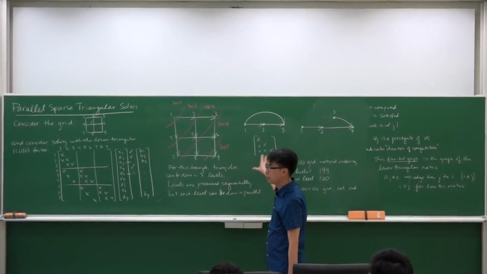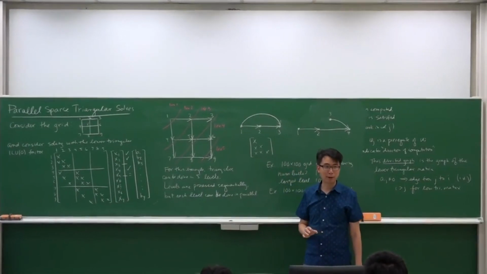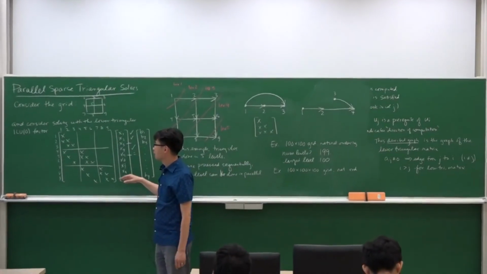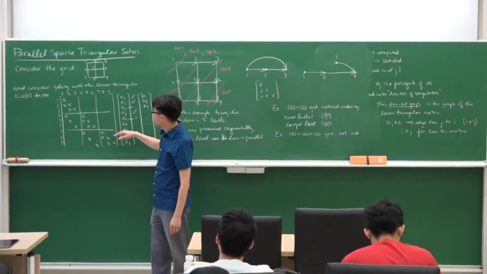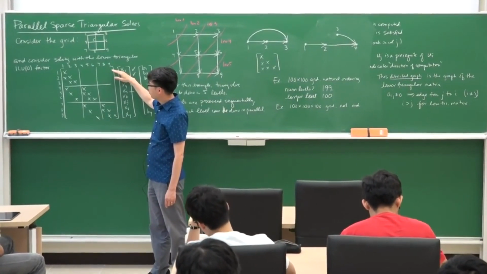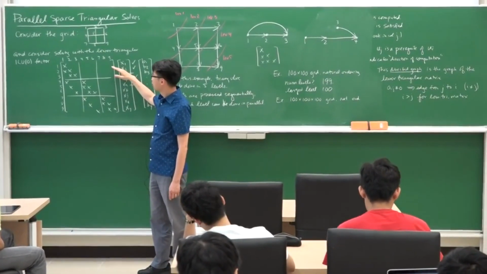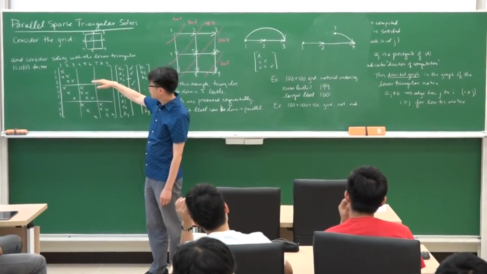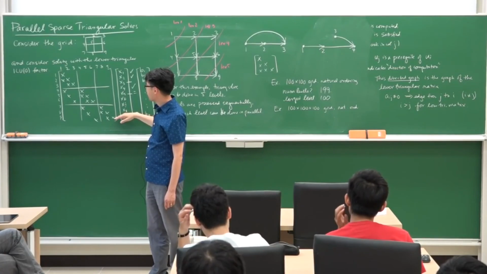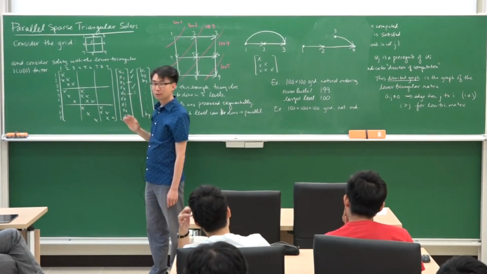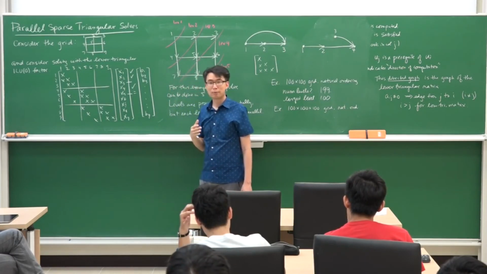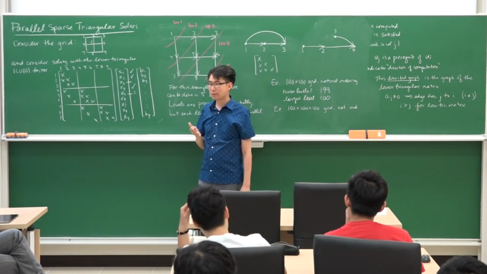So you can work through all of these details for the upper triangular matrix, but I think the one thing to notice is that everything is very similar because an upper triangular matrix is just a reordering of a lower triangular matrix. If we took this matrix and ordered it from bottom to top, then it looks like an upper triangular matrix, right? And then we use exactly the same algorithms.